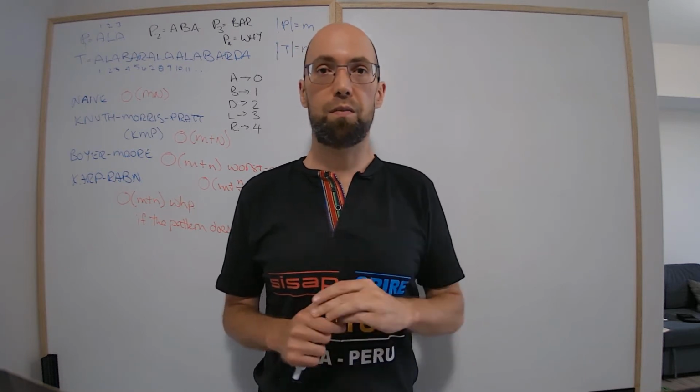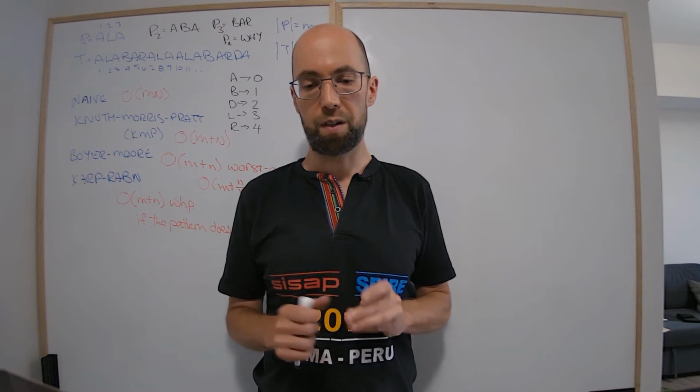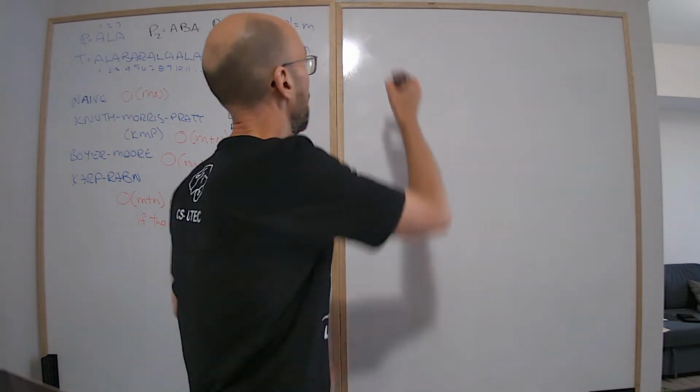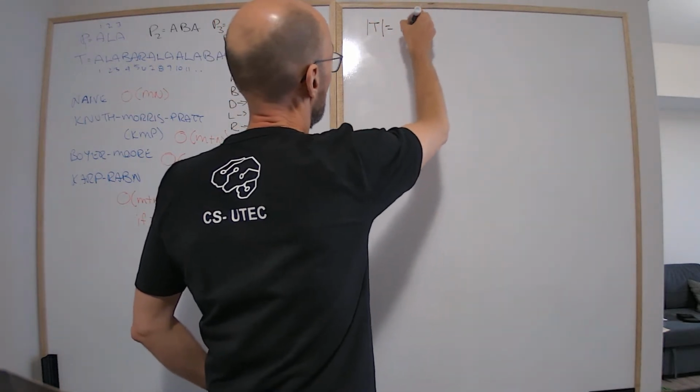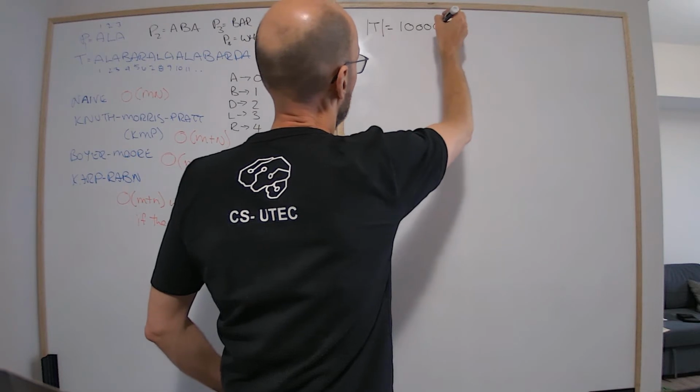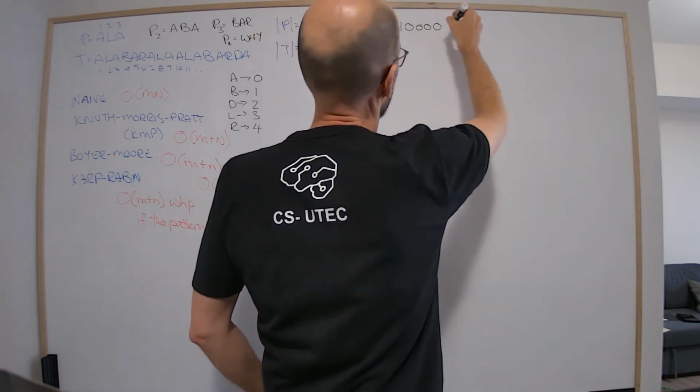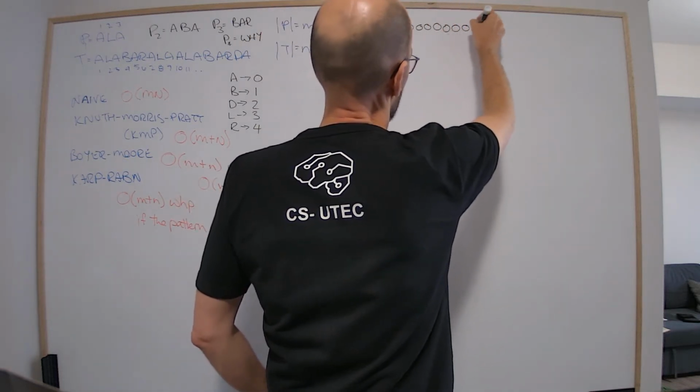I'm just going to say, so what's the magic of Karp-Rabin? Well, suppose that you have the length of the text equals, say, 1,000,000. No, let's say 100 million.